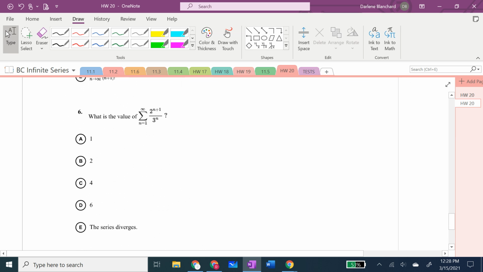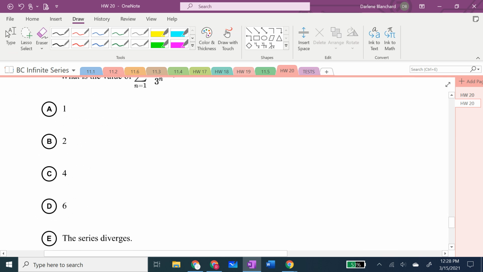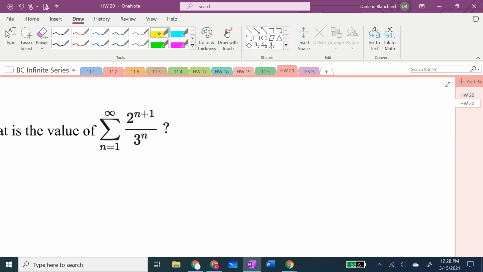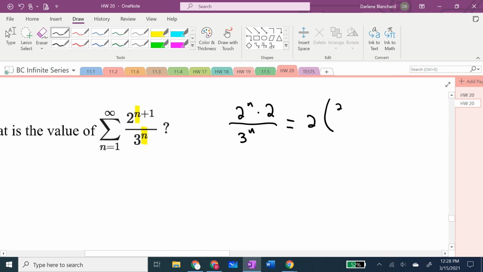And then one last problem. We want to know the value, and it's a geometric series, although it does give us the possibility of diverging. I notice it's a geometric series because the variable is only in an exponent. I can always rewrite this as 2 to the n times 2 over 3 to the n to see more clearly that my formula is showing that n is a power on 2/3. 2/3 is the r.